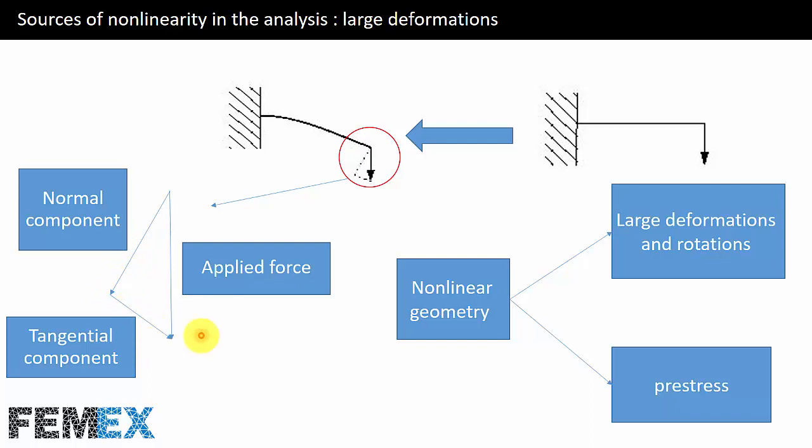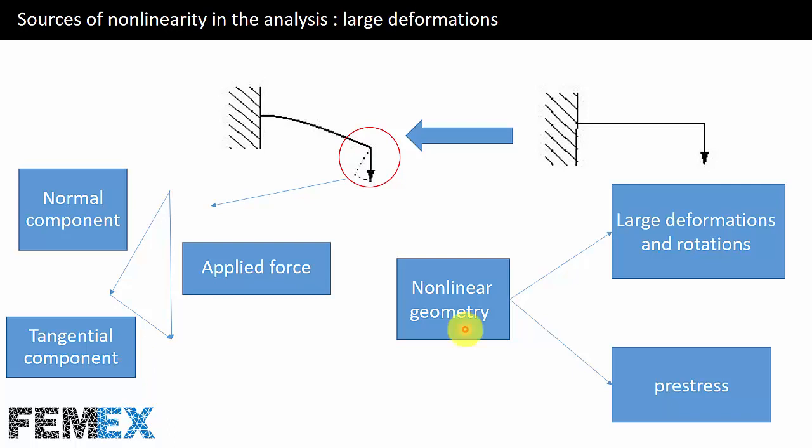And this is one of the meanings of large deformations or nonlinear geometry, that you cannot decompose it to just this component because of the small size of this component. After large deformation, this component will increase and then you cannot assume it's zero.